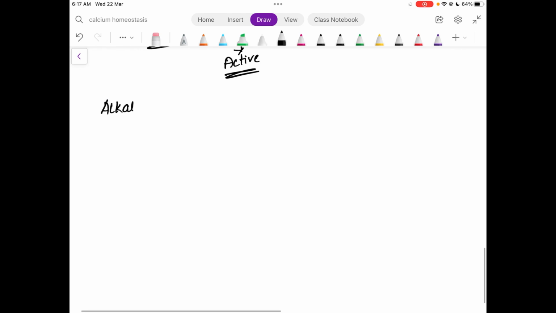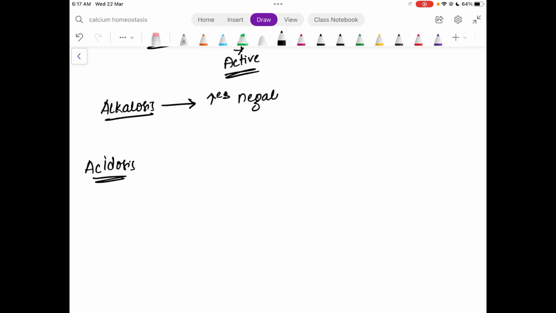And we should know about two terms, alkalosis and acidosis. What happens here? Alkalosis increases negative charge on protein. With the increase in negative charge on protein, it causes increased binding of calcium.